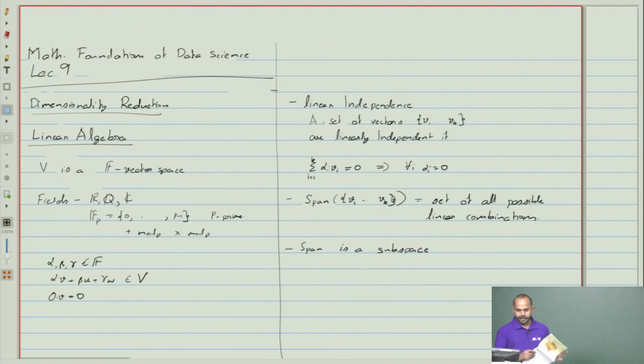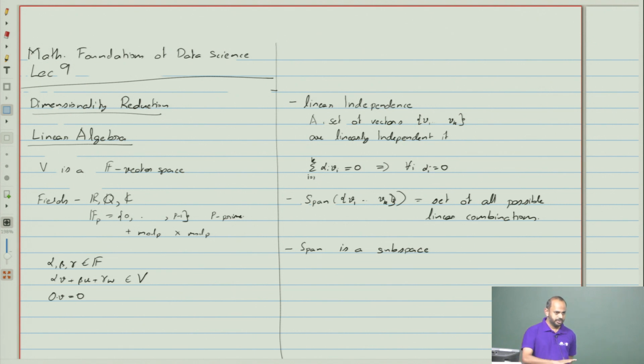So span is a subspace, that means it is a vector space in itself. You take any vectors in the subspace, and any linear combination will still belong to the subspace. Let us say you have a 3-dimensional space, and what is the span of the vectors 1 0 0 and 0 1 0?